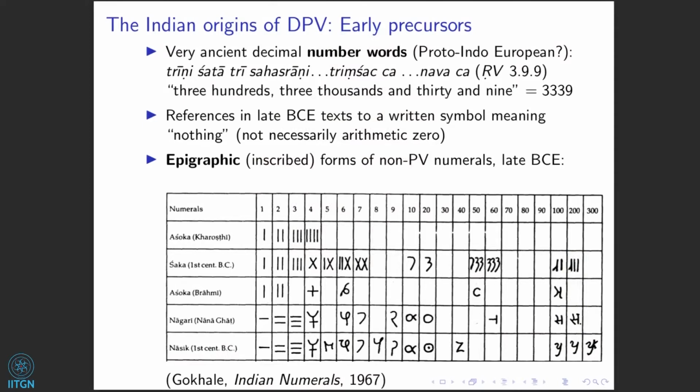And you can see from some of the examples in this useful table by S. Gokhale that they range from documented evidence from just a few tally-like slashes to represent small integers to more complicated systems, as we see in the Nanaghat inscriptions, with separate glyphs for 4, 6, 7, 9, and so forth.